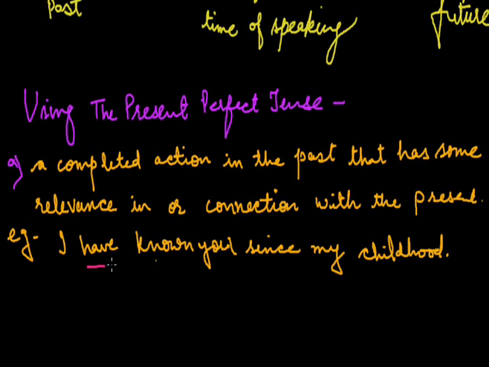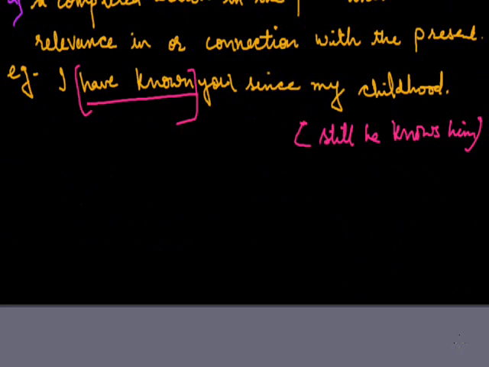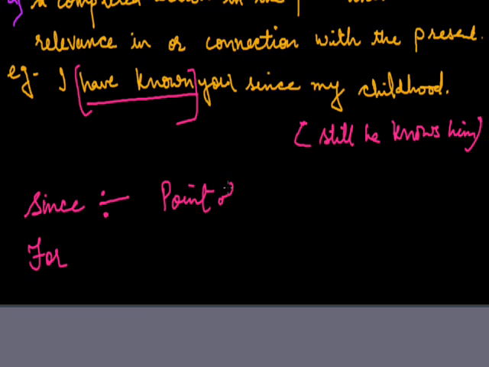So have known is present perfect and it has its effect, or means still he knows him. And one more thing I want to tell you, in these sentences we use since and for. Since is for point of time and for is for period of time.